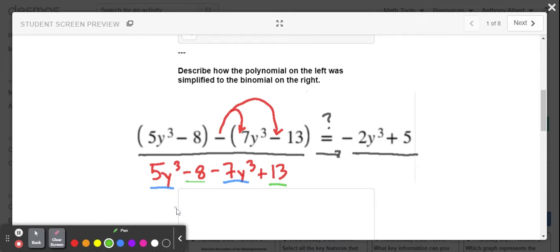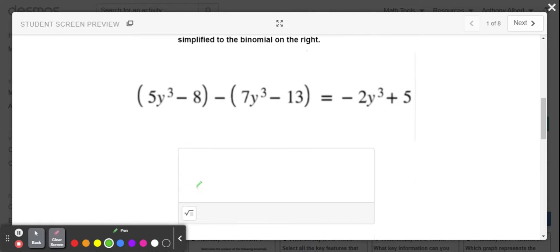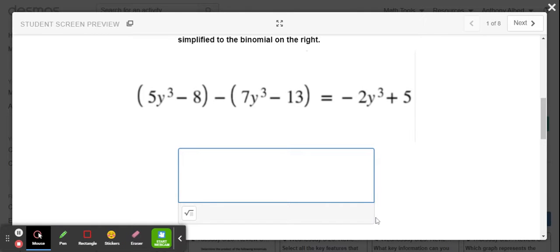All right, so let me type those words in. You can write this in any way you want. However, I'll explain it in the way that I just did, and then you can make your own personal edits.